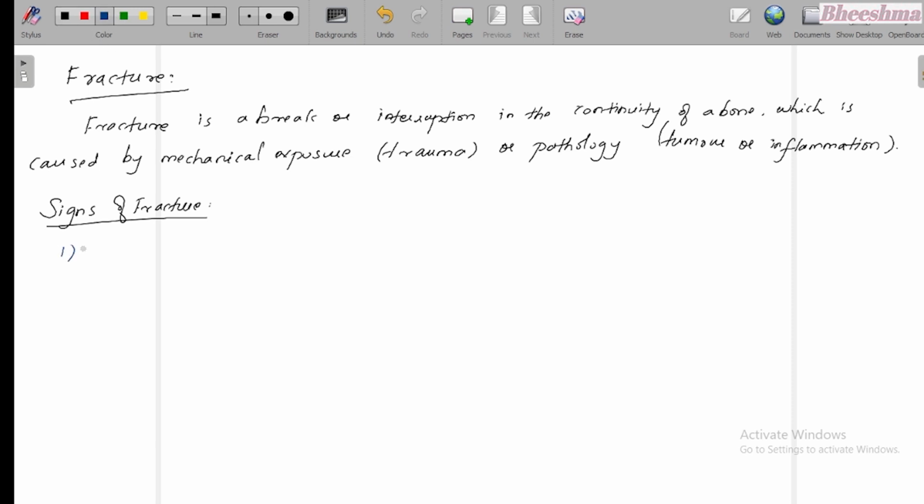The first one is relative signs of fracture. And the second one is absolute signs of fracture.